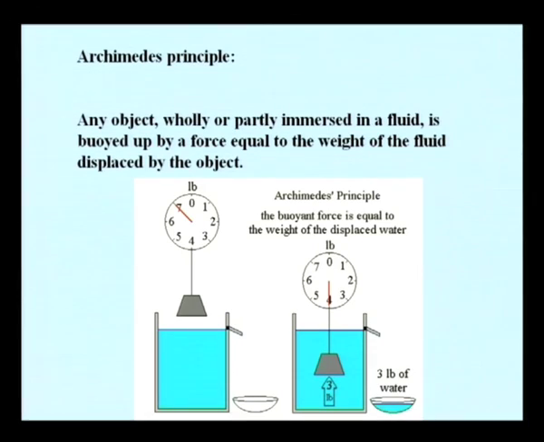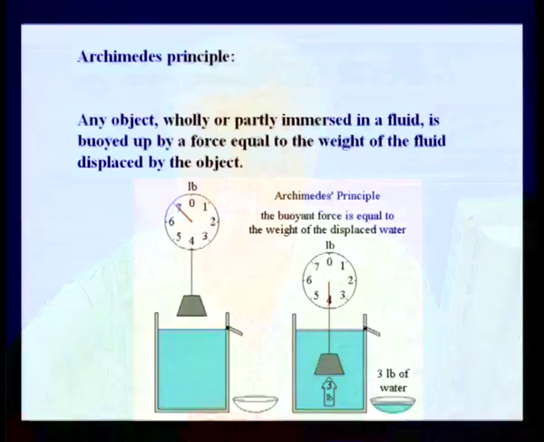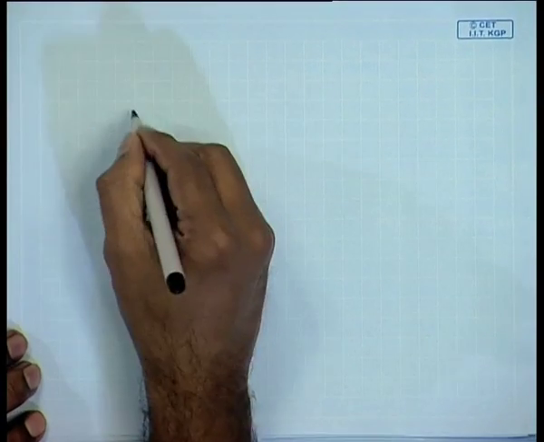Okay. Now, there are many derivations for the Archimedes principle. We will take a look at some of them. Now, let us suppose that there is a solid which looks like this.